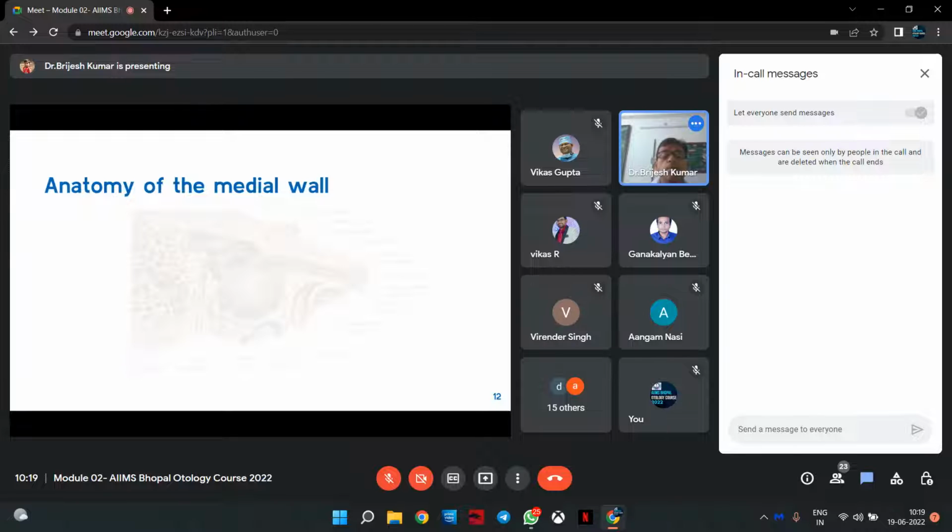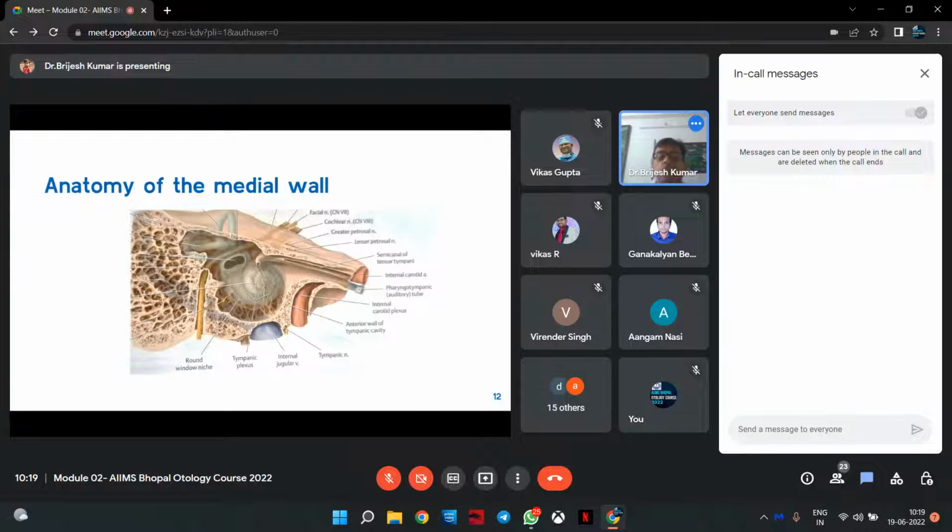Medial wall. This figure shows the medial wall, as the lateral wall has been removed here. So the features seen in the medial wall: an elevated part, the promontory, which is formed by the basal turn of the cochlea, over which lies the tympanic plexus.